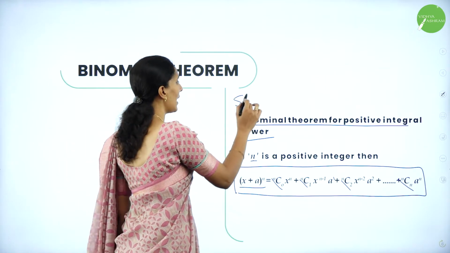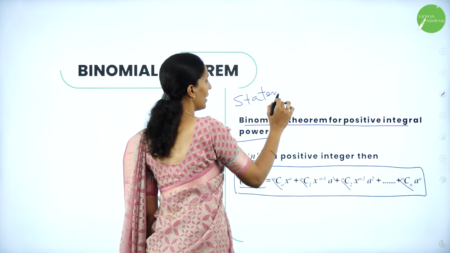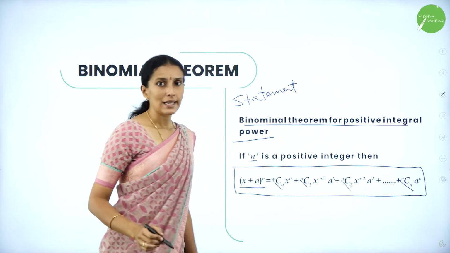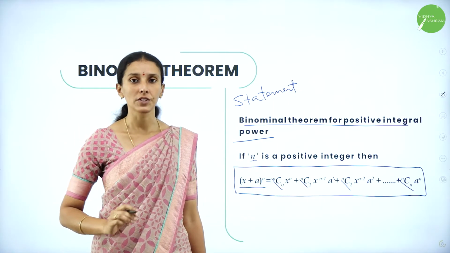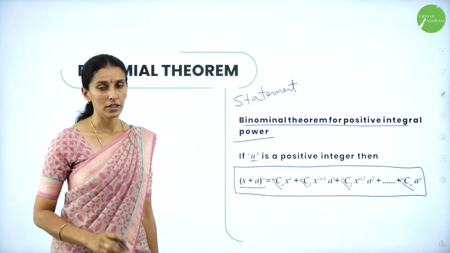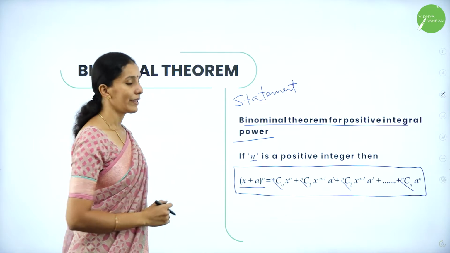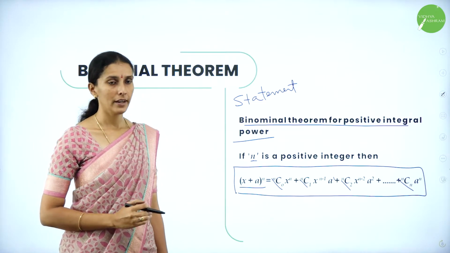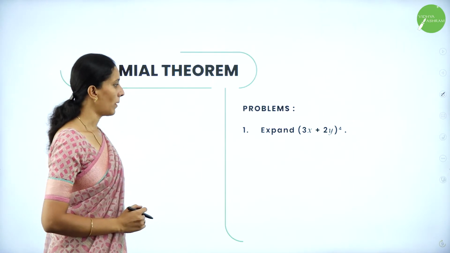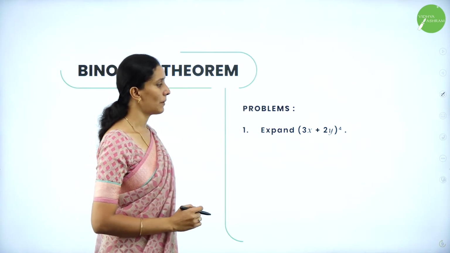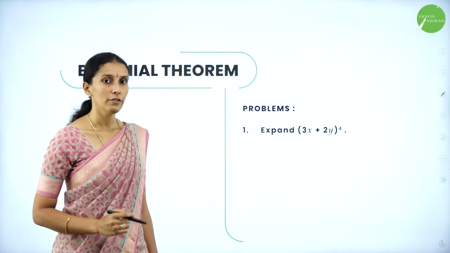Only the statement is very important to calculate the problems, but proof is not necessary since it is not in your syllabus. We'll take some problems so that we can work out using binomial theorem. First problem, expand 3x plus 2y whole power 4.